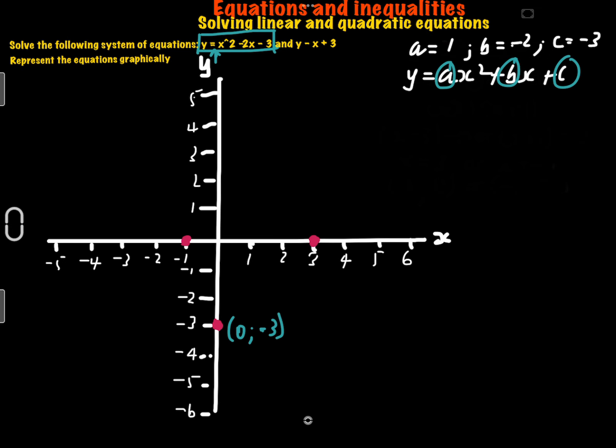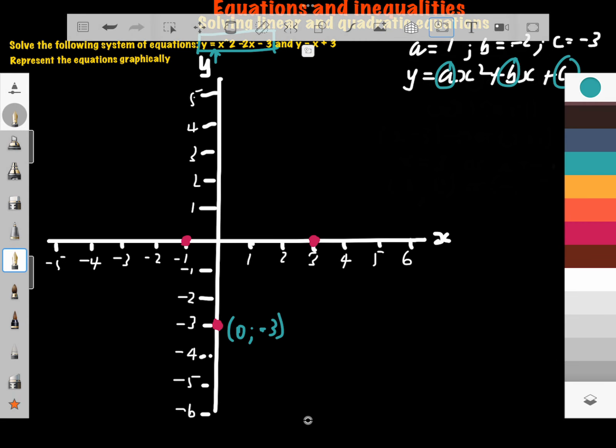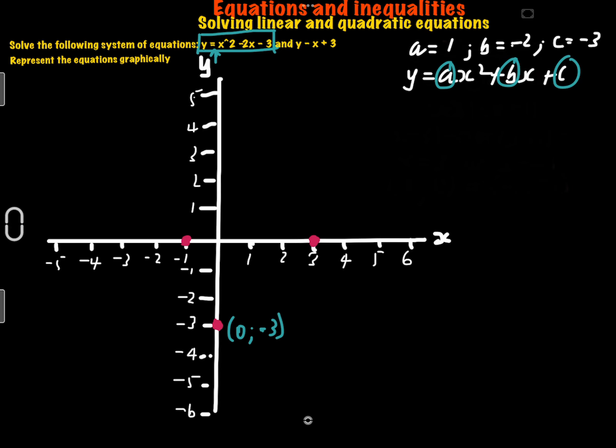So now to calculate the turning point, I'm going to have TP = -b / 2a. Remember, I'm finding x here.